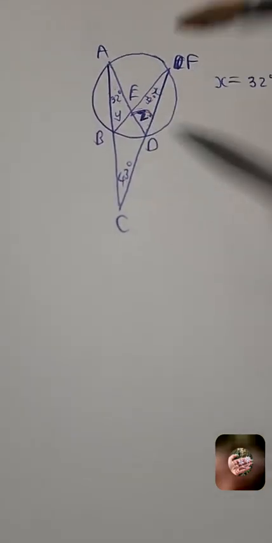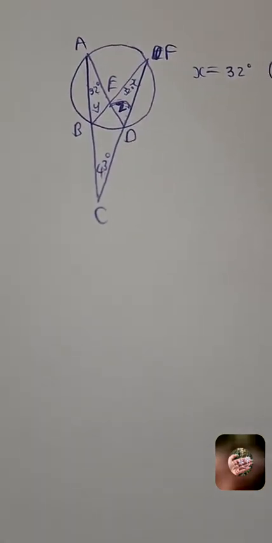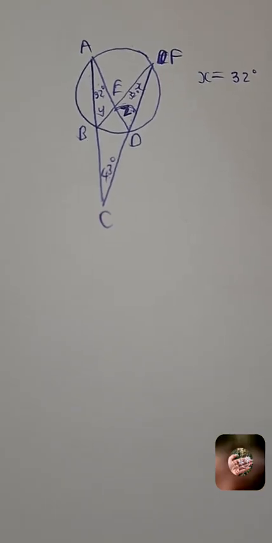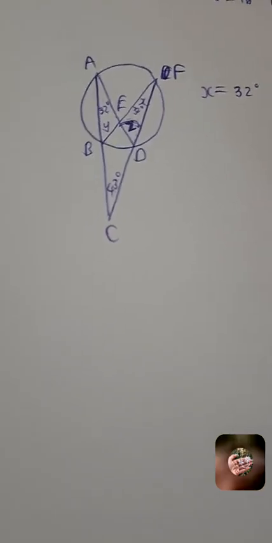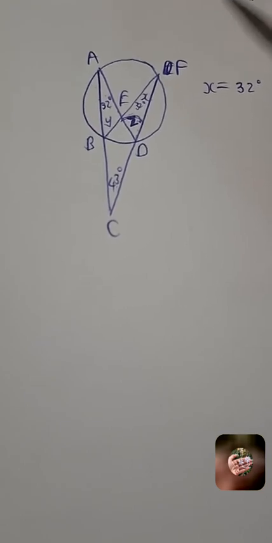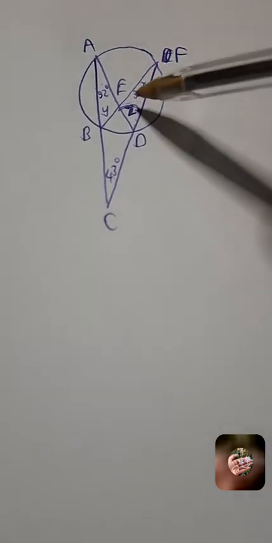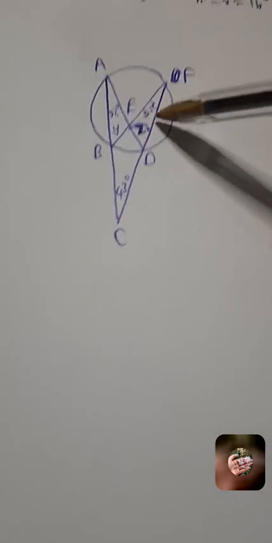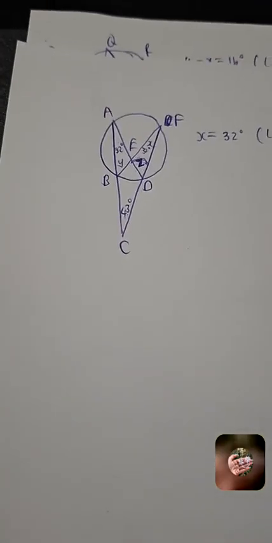Yeah, it is, because Z is an exterior angle of a triangle. Since it is an exterior angle, we can add angle A and angle C.